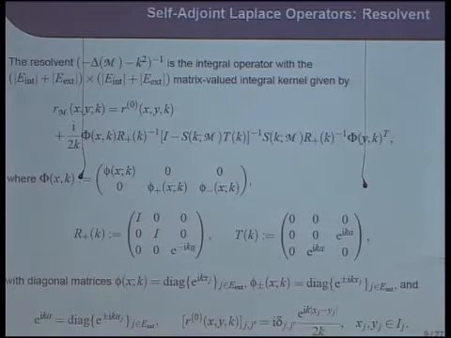If we would like to compute the resolvent of our self-adjoint operator, this is the equation which gives it, and again it contains S, so it can be expressed in terms of S. R0, this is, so to say, the free resolvent given by the usual free resolvent on the whole line. It's here.